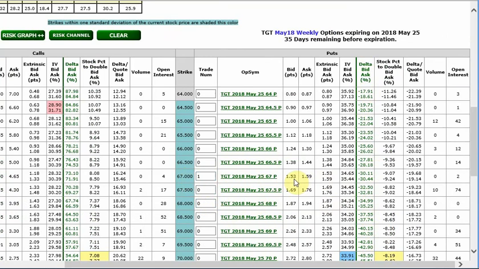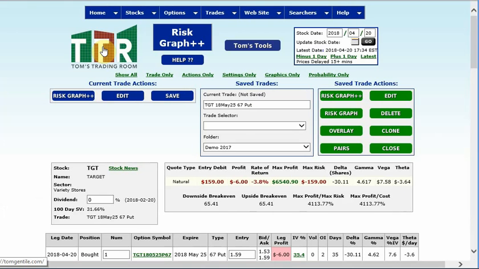I'm going to go with the 67 strike. The price is 1.59. So we select one contract and hit the risk graph, which will take us to the risk chart, and we'll get to see the visual representation along with all the data points for this trade.